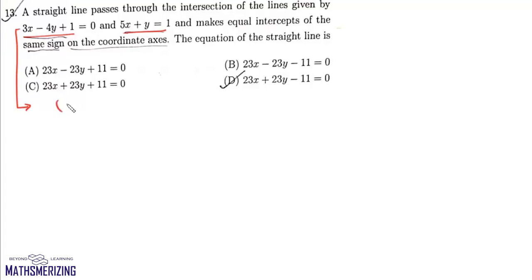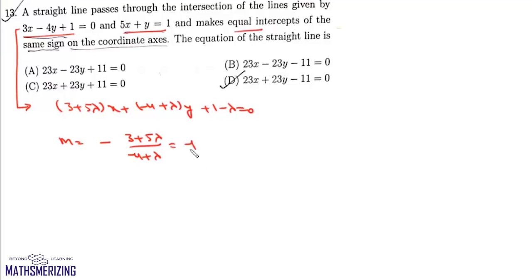So we can write this as 3 plus 5 lambda x plus minus 4 plus lambda y, and then 1 minus lambda equals 0.